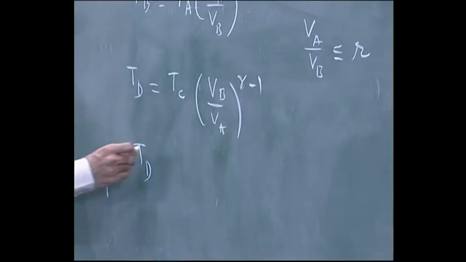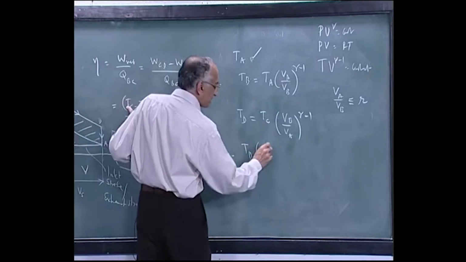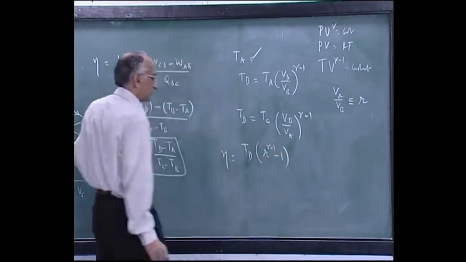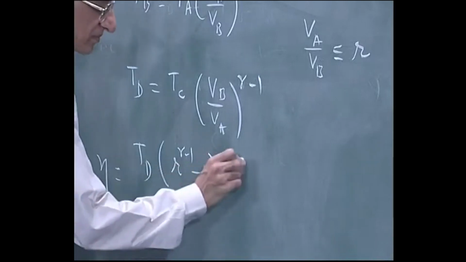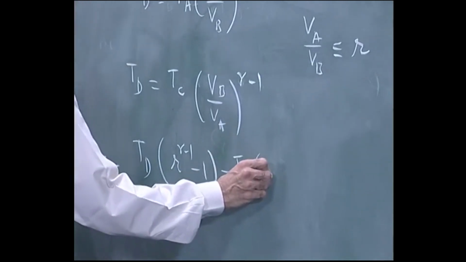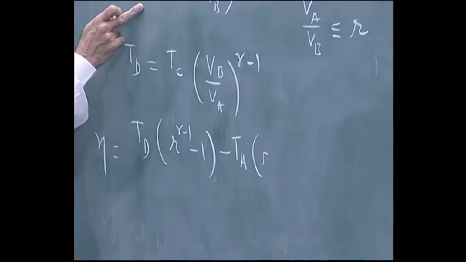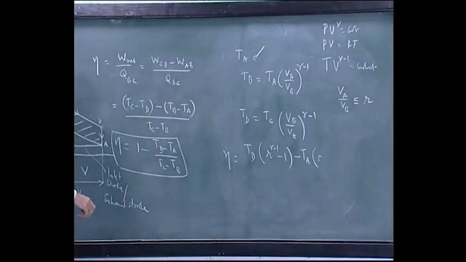So I have TD into TC is R to the power gamma minus 1 minus TA into TB by TA is VA by, I want VB by VA, so minus TB.